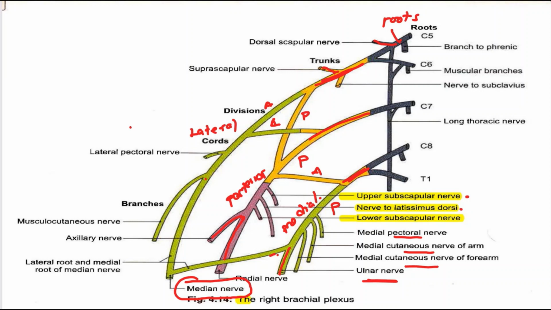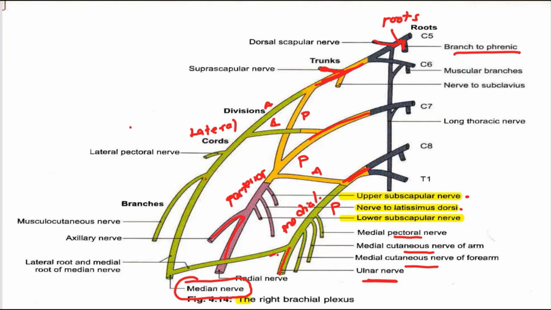Okay, so these are the only two branches that come from trunks. The superior trunk is the only one that will give rise to branches, the suprascapular nerve. Root C5 will also contribute to the formation of the phrenic nerve, as we saw earlier.